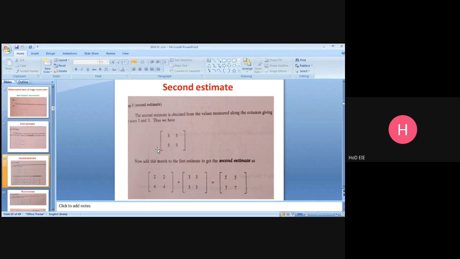While calculating your first estimate, you are taking these values along your rows. The values along the rows are 2 comma 0 and 1 comma 3. If you add 2 plus 0, the sum is 2, so you put it in your first row. The value is 2 comma 2.